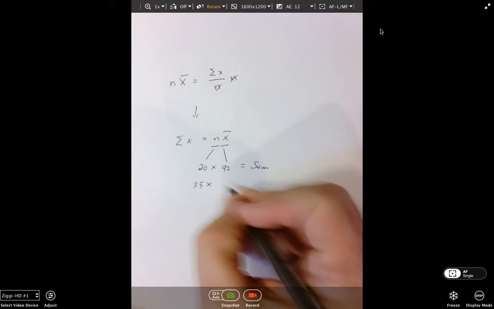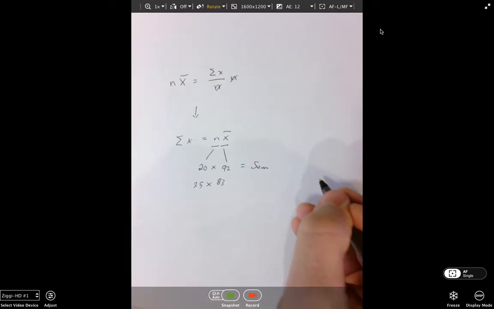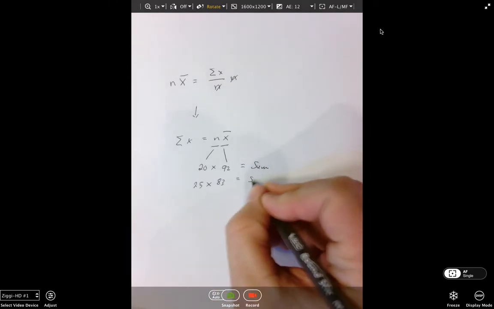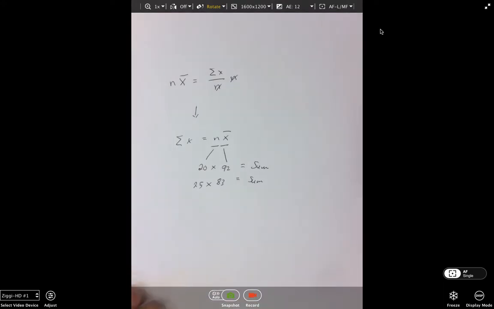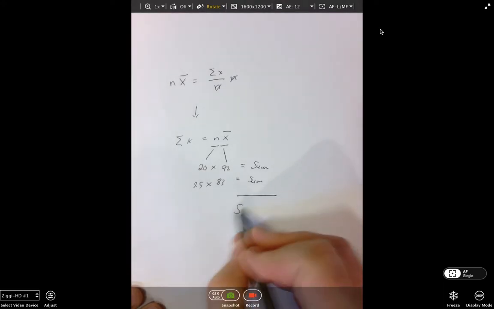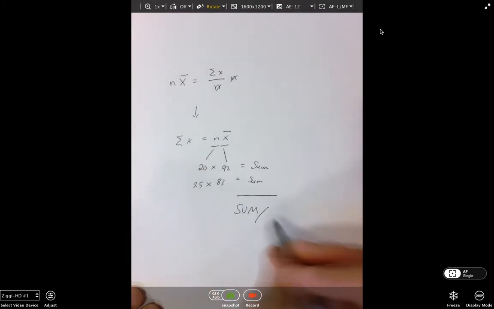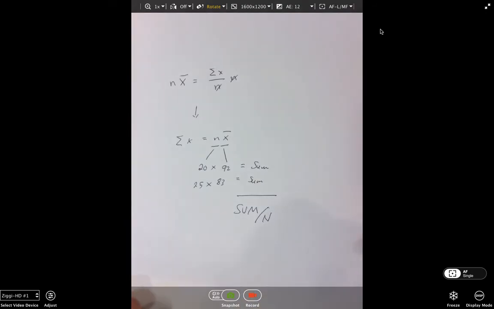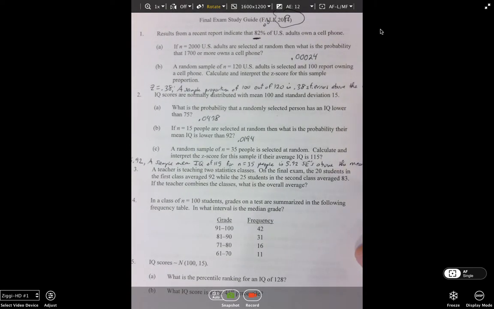Sorry about that. And their average was 83. So we take the sum of theirs. Guys, we want a grand sum, and then we'll divide by, of course, the grand total. So that's the game plan for this problem. So we're going to have 20 times 92.